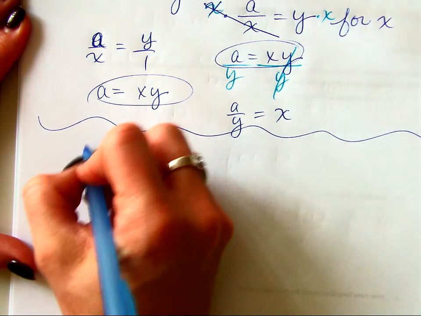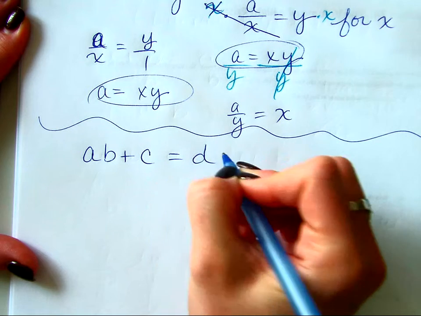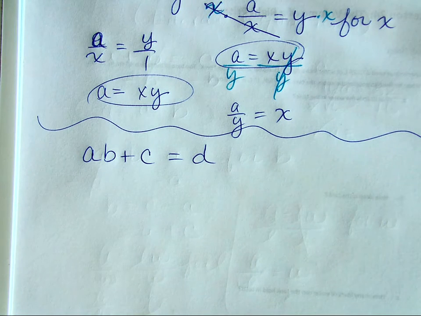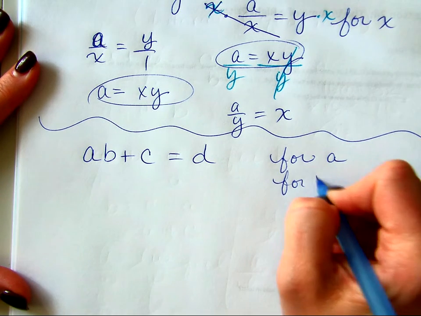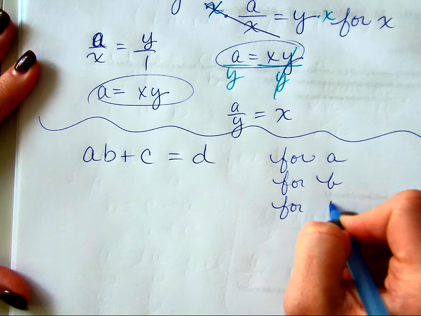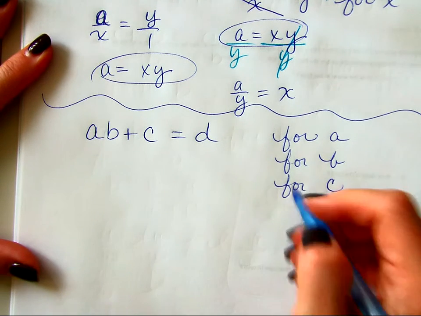Let's take a look at AB plus C equals D. Let's solve it. We're going to solve it for A, then we're going to solve it for B, then we're going to solve it for C, and it's already solved for D, right? So let's solve it for A first. When you see this equation, I just want you to think of equations like this.